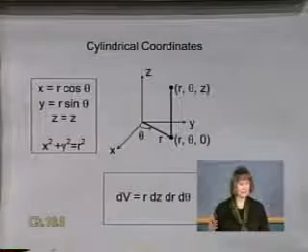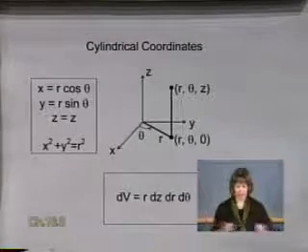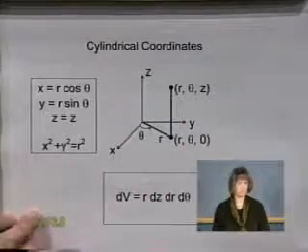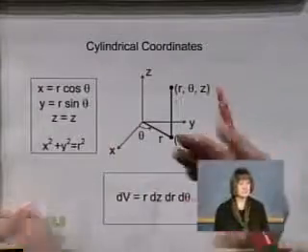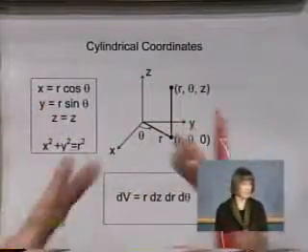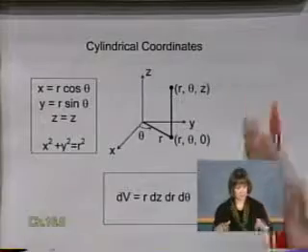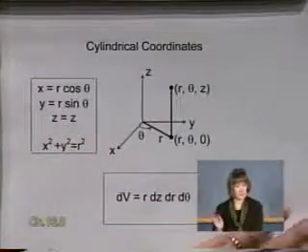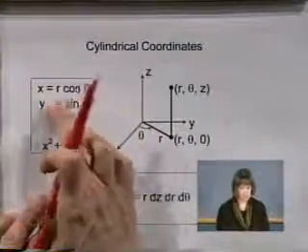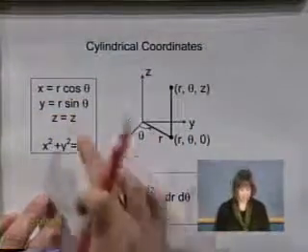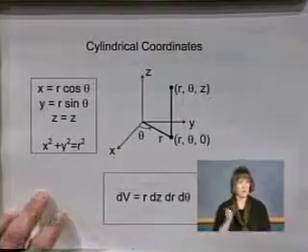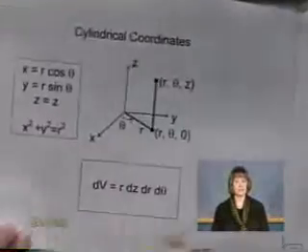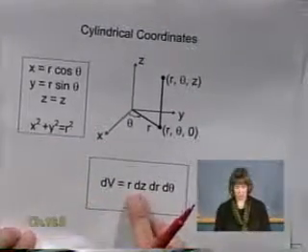So if I have some volume that I want to integrate over, and it just cries out that I want to use cylindrical coordinates because the base is circular, and maybe the height is not, the height is going straight, but the base is circular, I can change my integration using this substitution, plugging r cosine theta in wherever I see x, r sine theta wherever I see y, replacing x squared plus y squared with r squared, and then replacing my dv with r dz dr d theta.